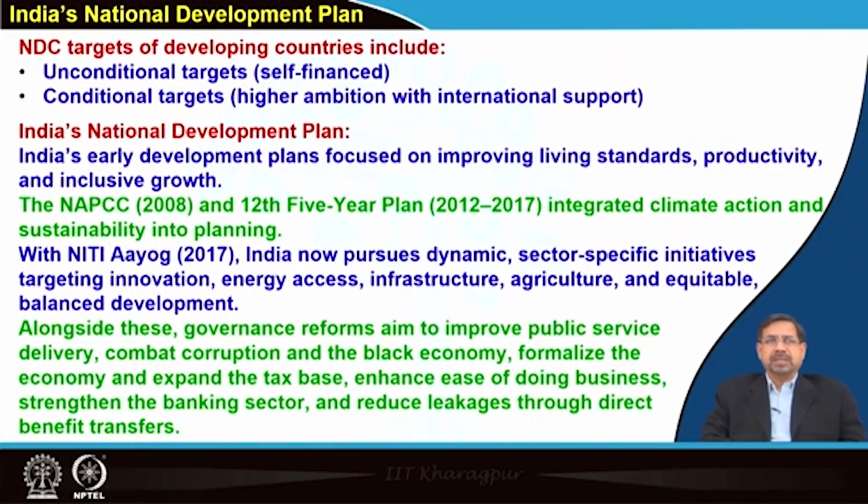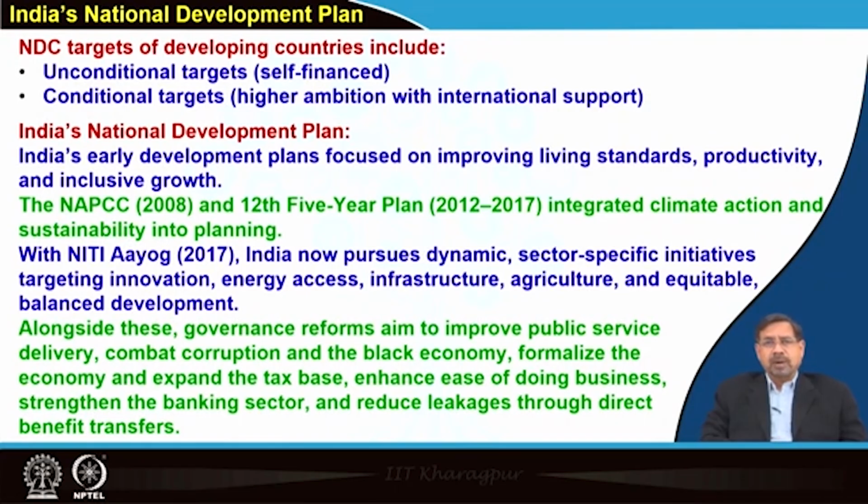The National Action Plan on Climate Change 2008 and the 12th Five-Year Plan that ran between 2012 and 2017 integrated climate action and sustainability into the planning process. This is an important step as far as India is concerned.